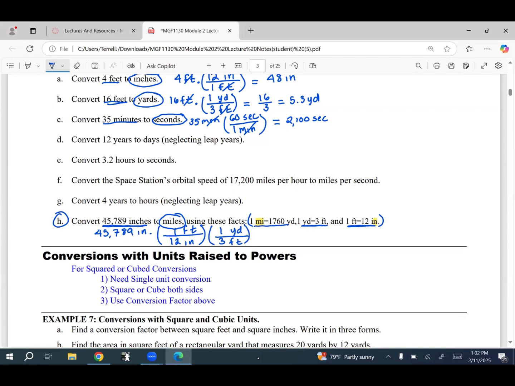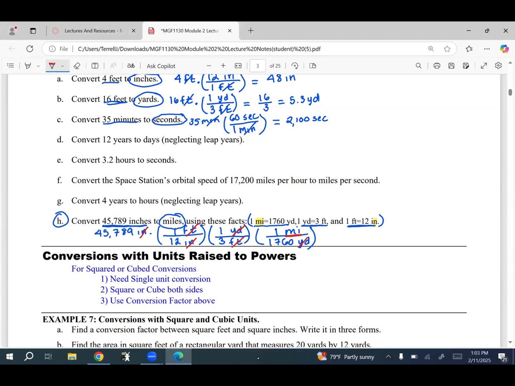And then last, I'm going to use that conversion, which is 1760 yards on the bottom and 1 mile on the top. Notice I wanted my final answer in miles. So look how this cancels. Inches cancel, feet will cancel, yards will cancel, and my final answer is in miles.